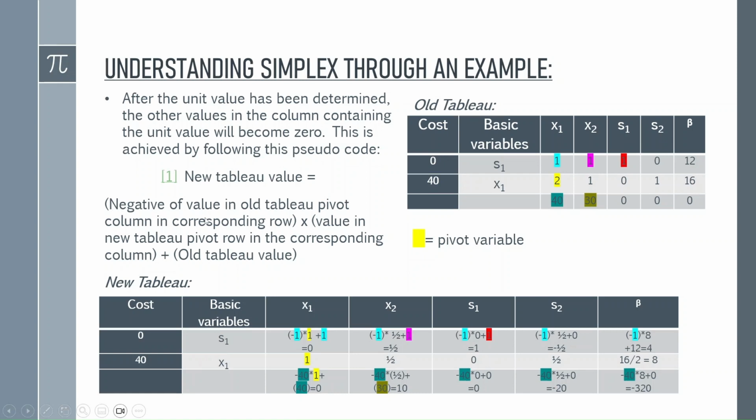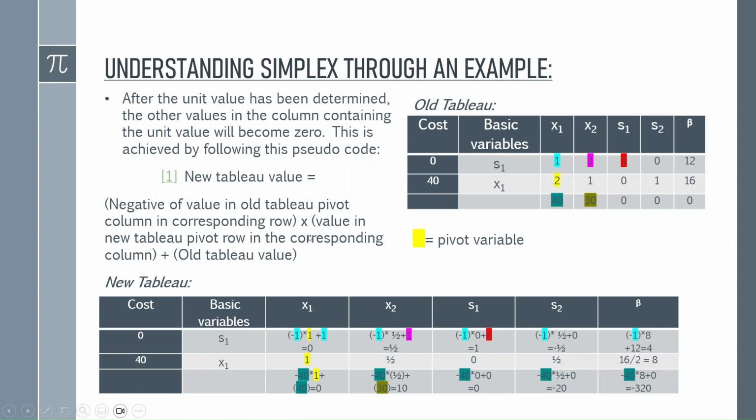Find the negative value in the old table pivot column corresponding to the row. The corresponding row of the first element is row 1, and the negative value in the old pivot column is the negative of the value in the first row of the pivot column, that is negative of 1.